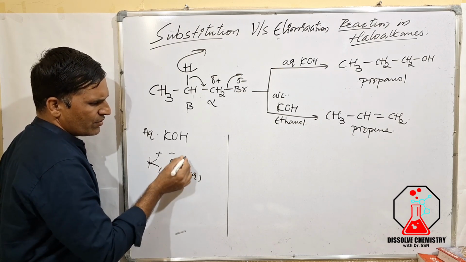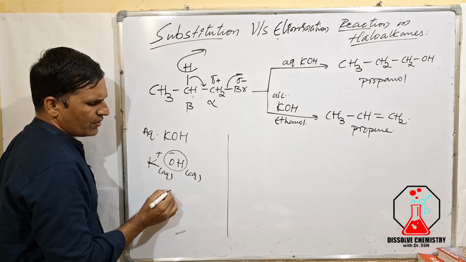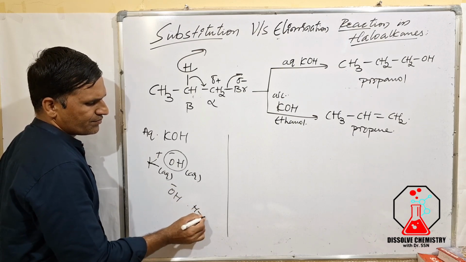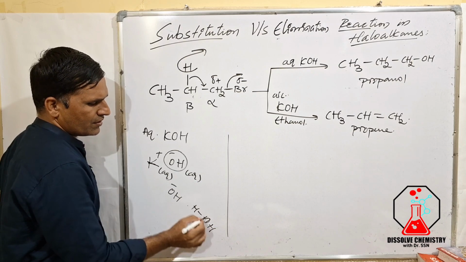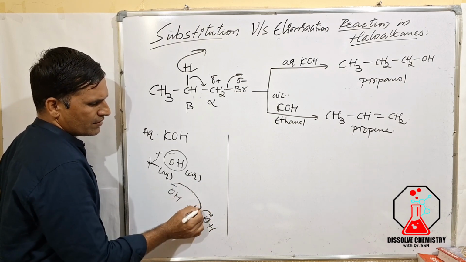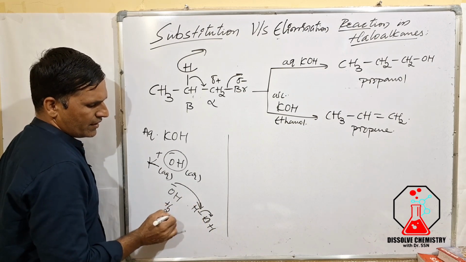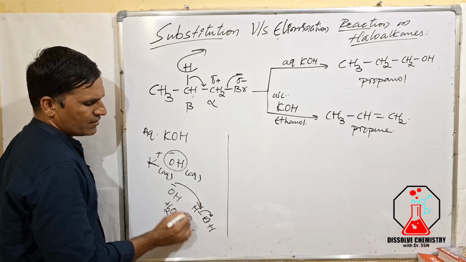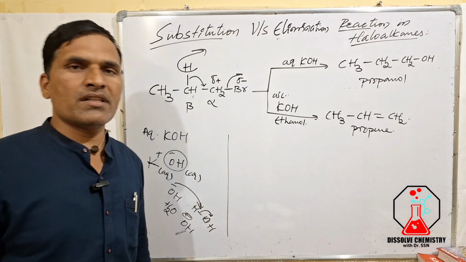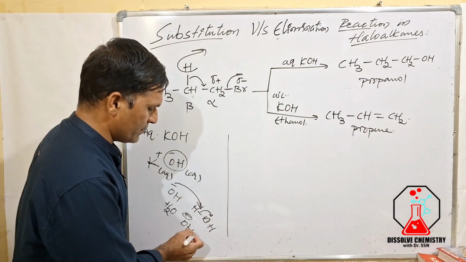As we know it is a strong base, so it may abstract a proton from water, leading to water and OH minus again. That means at the end, you will be left with hydroxyl ion in water, aqueous.